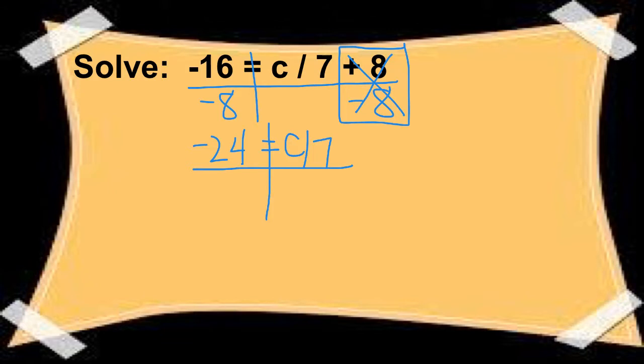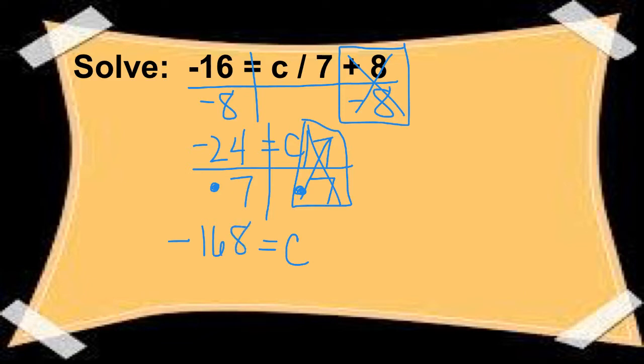Step 2, I'm going to deal with my coefficient. The opposite of dividing by 7 is multiplying by 7. I'll do that to both sides. A divided by 7 and a multiply by 7 create 1. So I'm left with 1c on the right and negative 168 on the left. That is the correct solution.